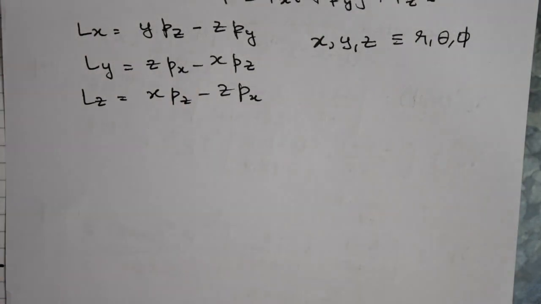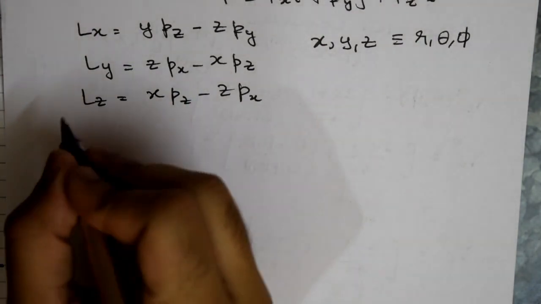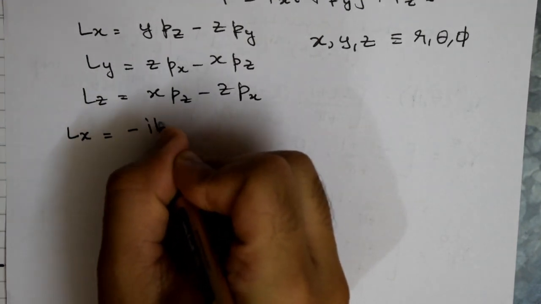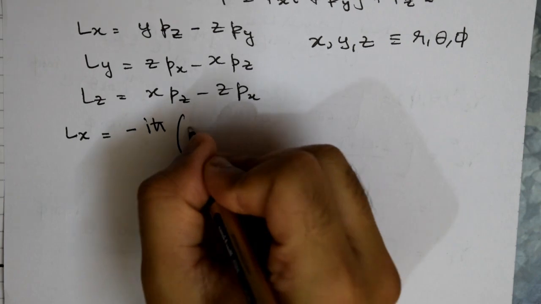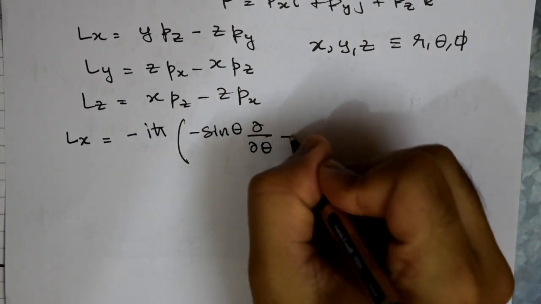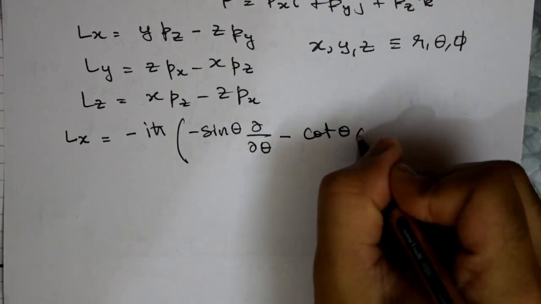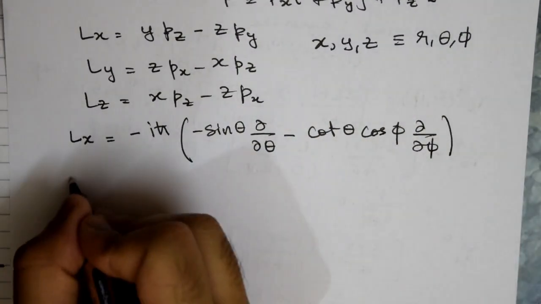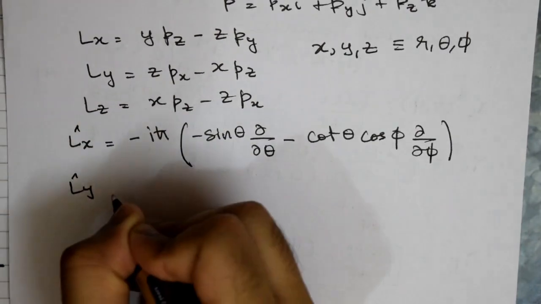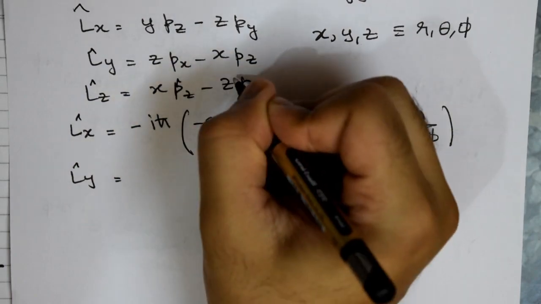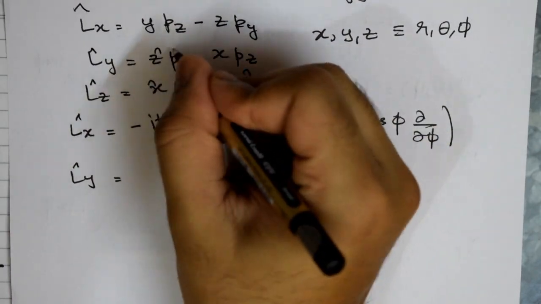So rather than going into the rigor of the mathematics, I'm going to give you the solutions right away, where Lx will be given by minus i h cross times (minus sine phi dou by dou theta minus cot theta cos phi dou by dou phi). Ly, of course, whenever we mean operator, we need to put a cap on their head. So ensure that you put a cap on each one of them.